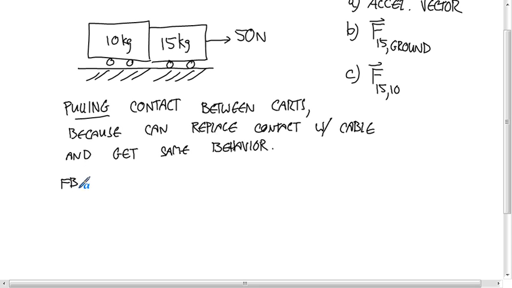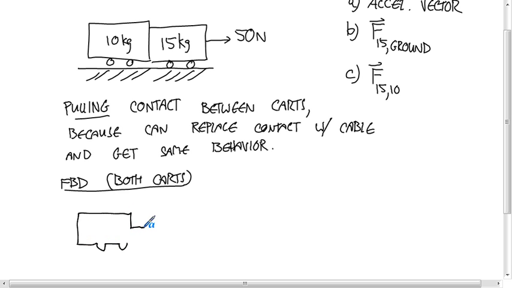So the free body diagram of both carts together. There's the outline. The weight force, the mass is 25 kilograms, so the weight force is 25 times 9.81, which is 245.25.